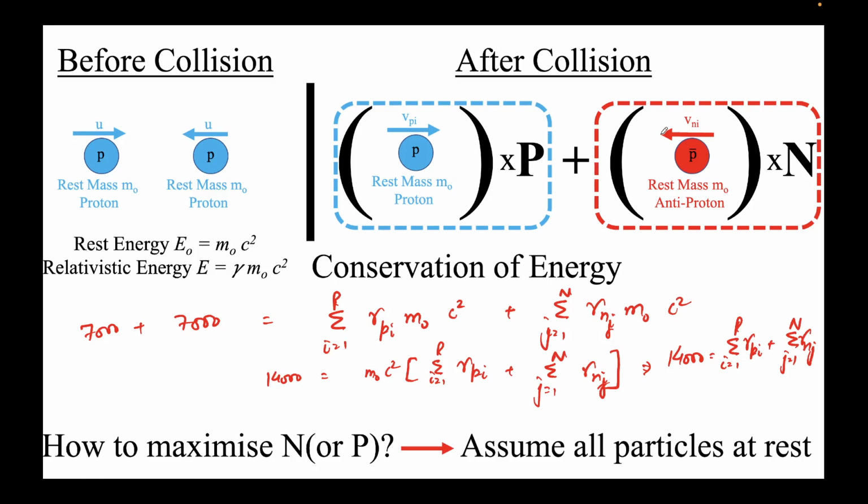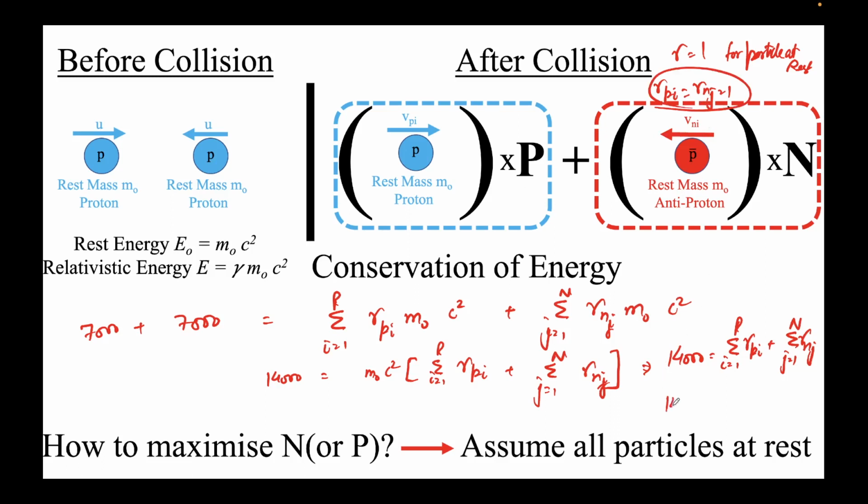If we assume all the particles on the right side to be at rest, then for a particle at rest, gamma equal to 1. This would mean that gamma pi equal to gamma nj will be 1, because all the protons and antiprotons that are produced, we assume them to be at rest.